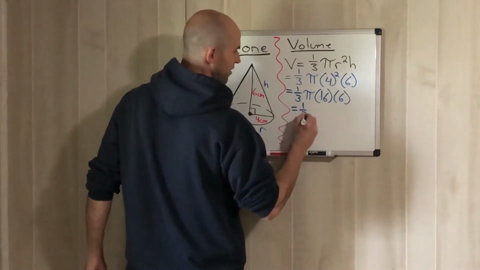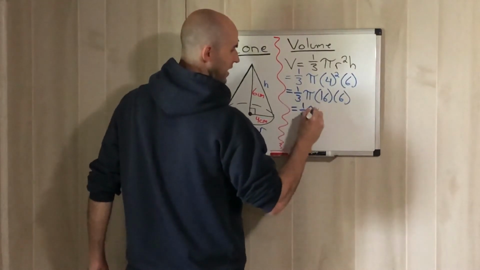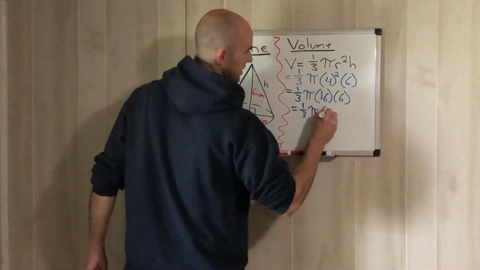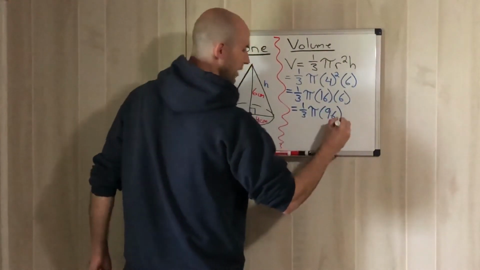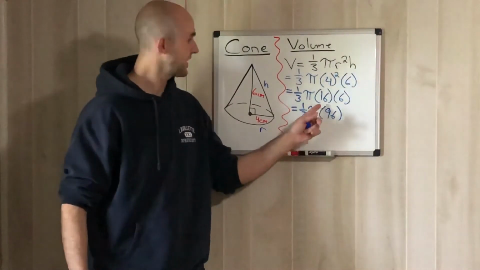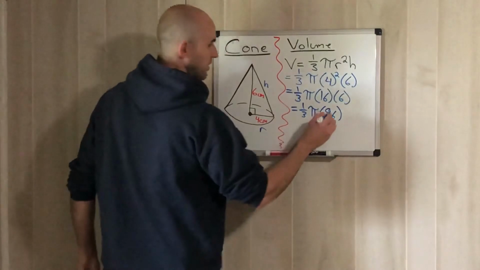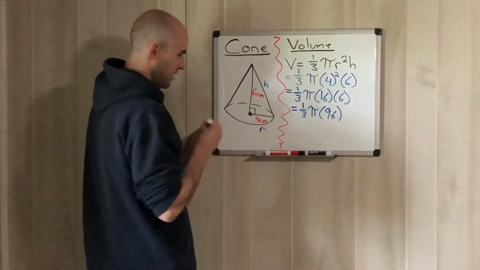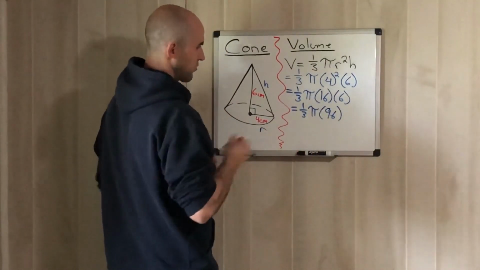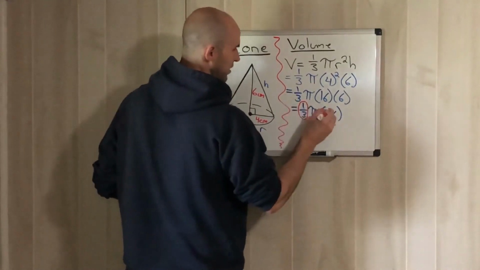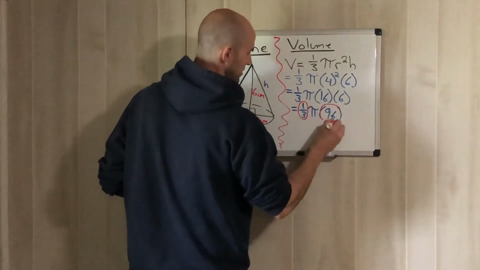So bring down the 1/3, bring down the pi. We know that 16 times 6 is going to give us 96, right? And again, I got the 96 from doing 16 times 6. And once you get to this step, and I just like to show it in a different color for you guys to see, it's always easier to deal with 1/3 of 96.